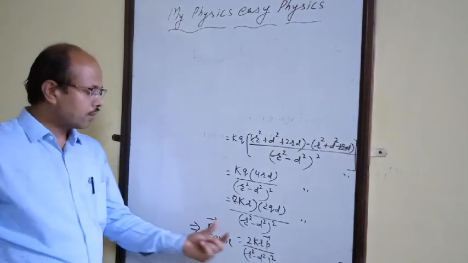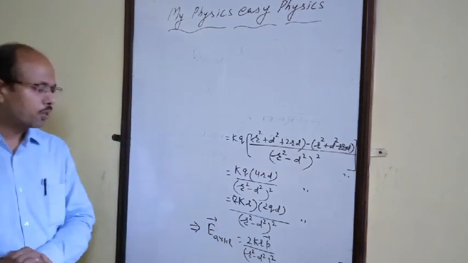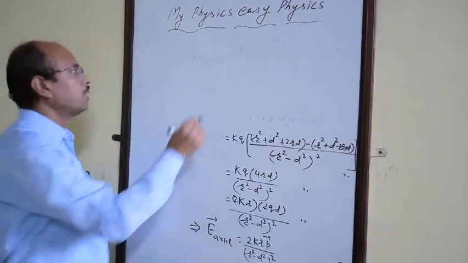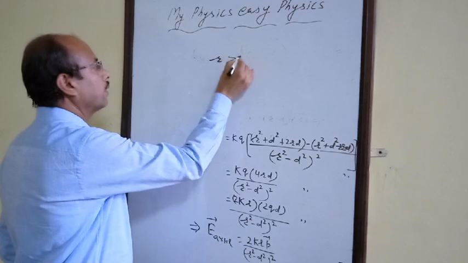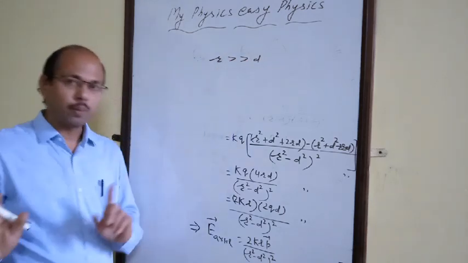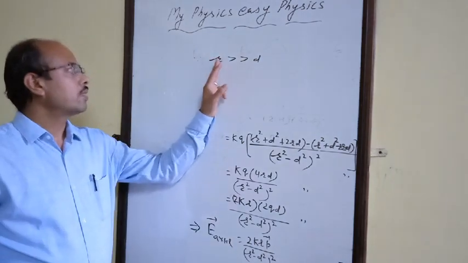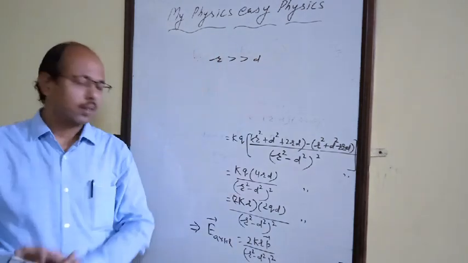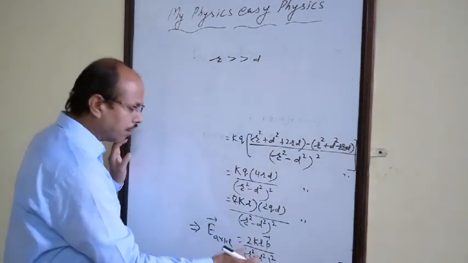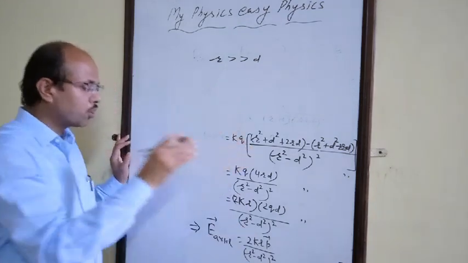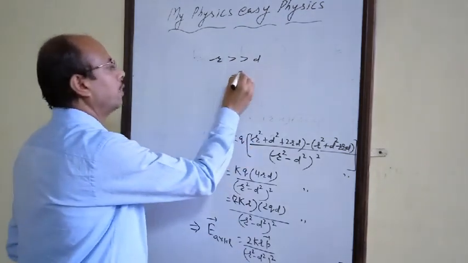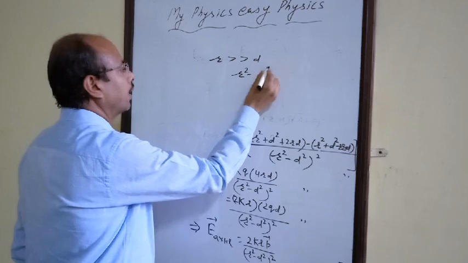Since the distance between the two charges is very small, generally we can assume, keep in mind it is not always, but generally we can assume that distance R is greater than D. Therefore in the term R square minus D square, D square can be neglected.